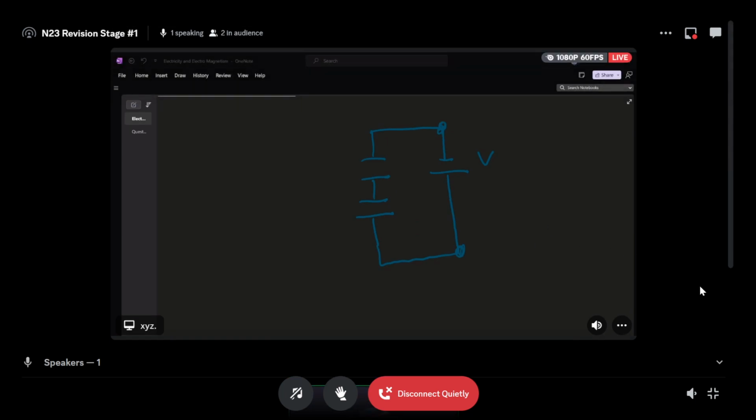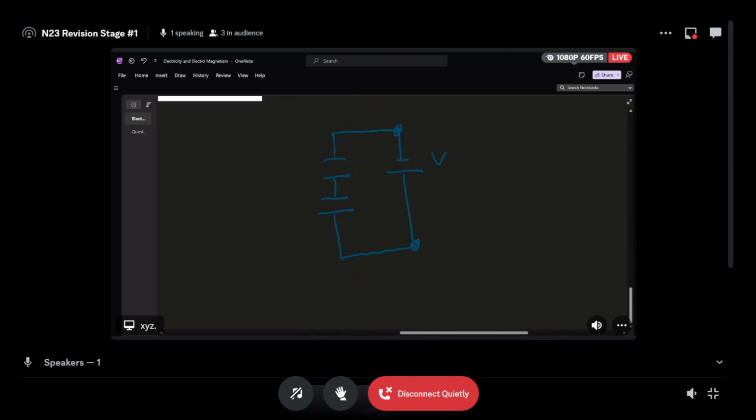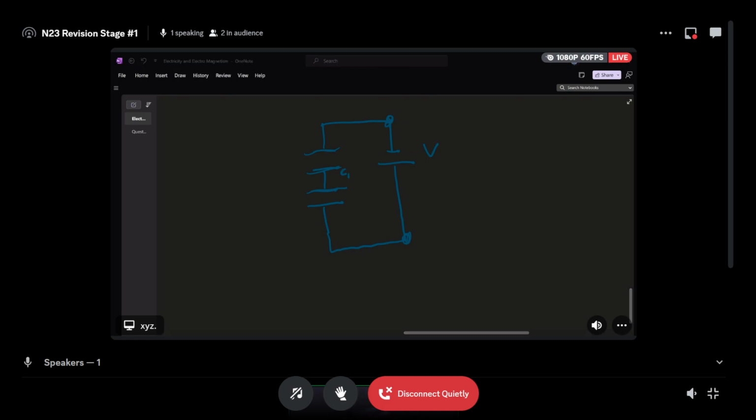Okay, so I'm back. Since charge is conserved, and these are of equal capacitance. Oh no, let's not say that. Let's say this is C1 and this is C2.